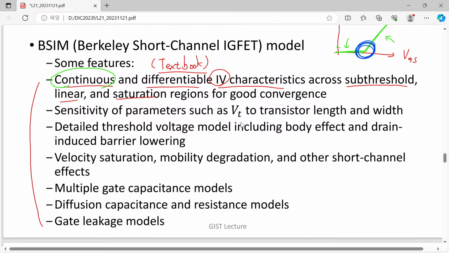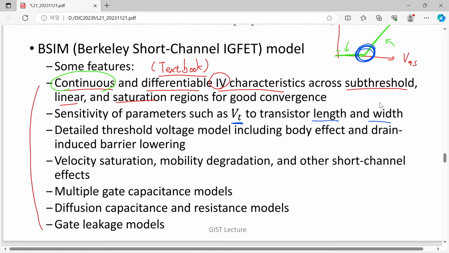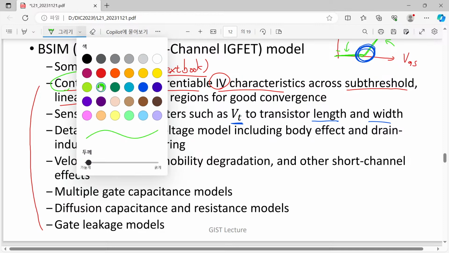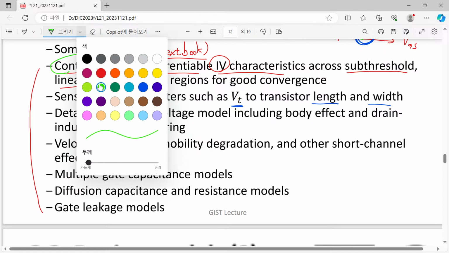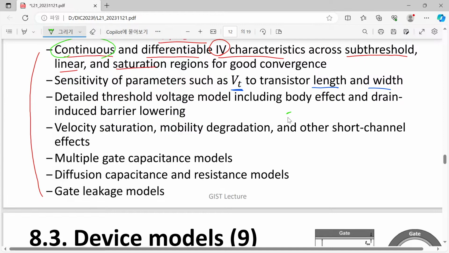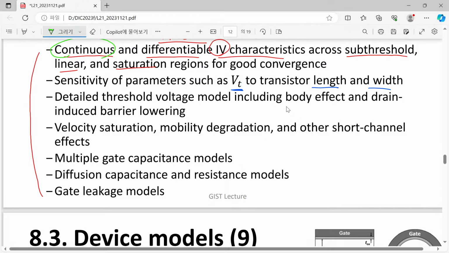Also, threshold voltage can be a function of length and width, and this effect is considered. And another thing is that threshold voltage can also be a function of substrate voltage and drain voltage.